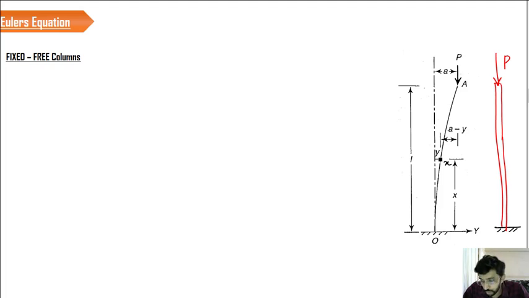So a is the deflection at the free end, and this deflection is y. Obviously this distance has to be a minus y. So the moment at x is equal to P into a minus y. The sign will be positive, because this is having a positive sign convention based on the assumption that we have made.